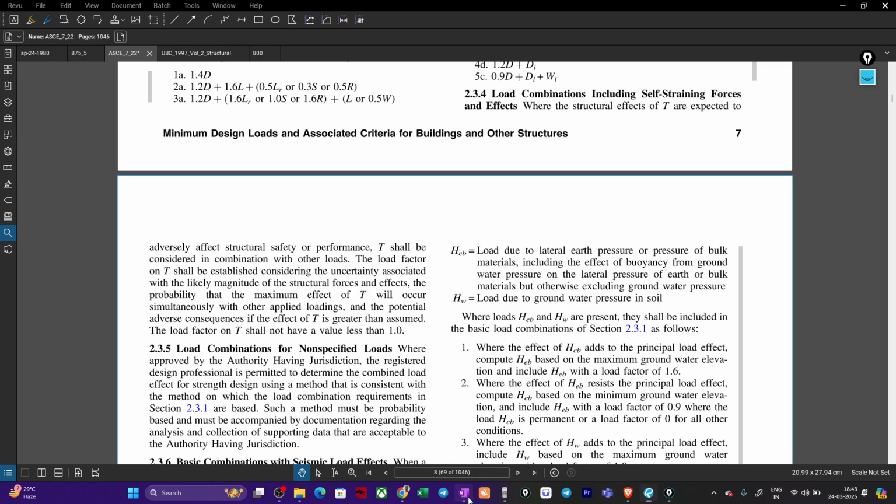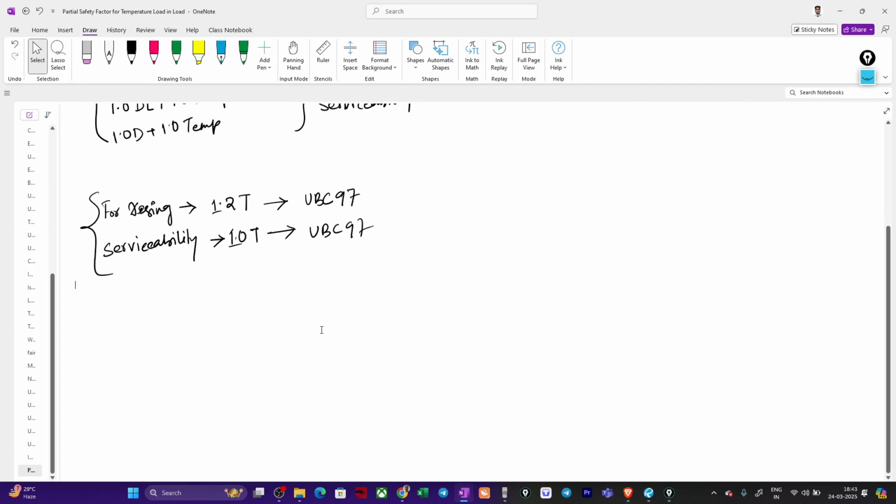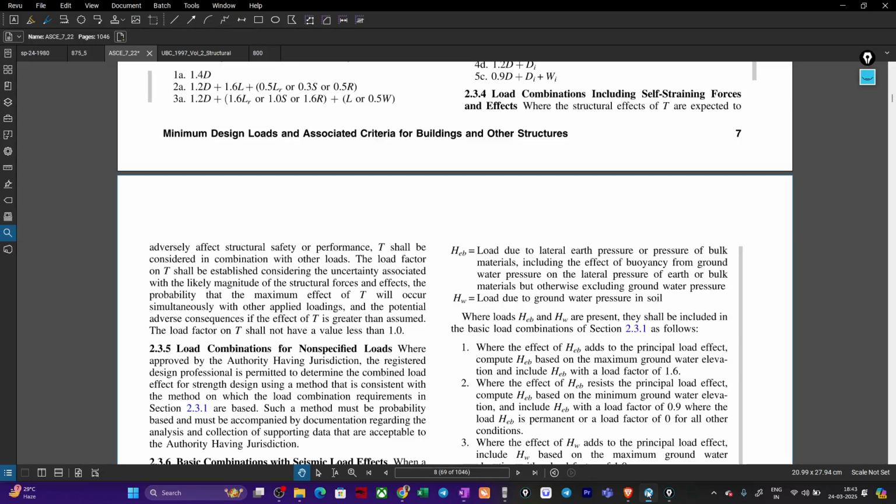So initially we can start with a thing that for design, I mean strength design, both are design only, serviceability also a design criteria. I should write it here. For strength design, the ASCE 7-2022 says that you should take at least 1.0 temperature load, right?